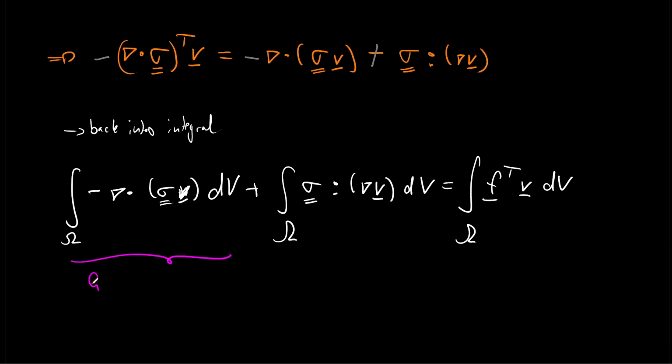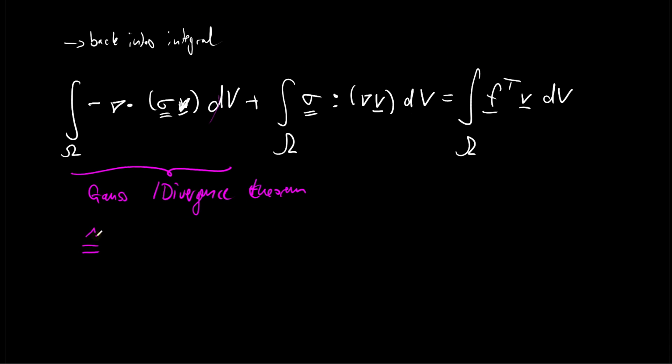So let's use the Gaussian or divergence theorem, which states that if we have a volume integral or domain integral over the divergence of a vector field, that is equal to the product of the outward facing unit normal vector multiplied with the expression we were taking the divergence of, integrated over the surface.